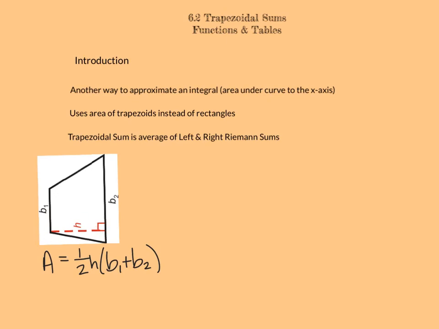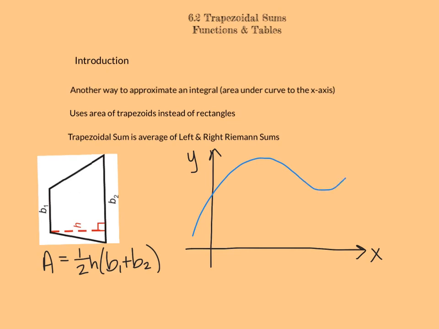Let me just do a quick sketch so I can explain what I've been talking about. So we have our xy axis, and I'm going to draw a function in blue. And we'll call that f of x.